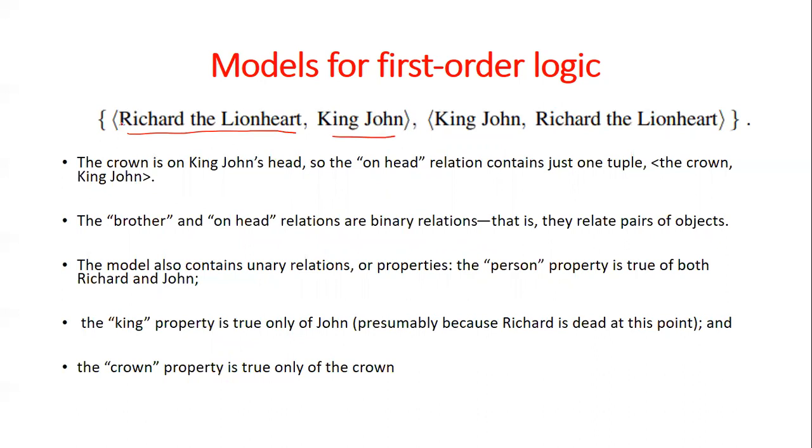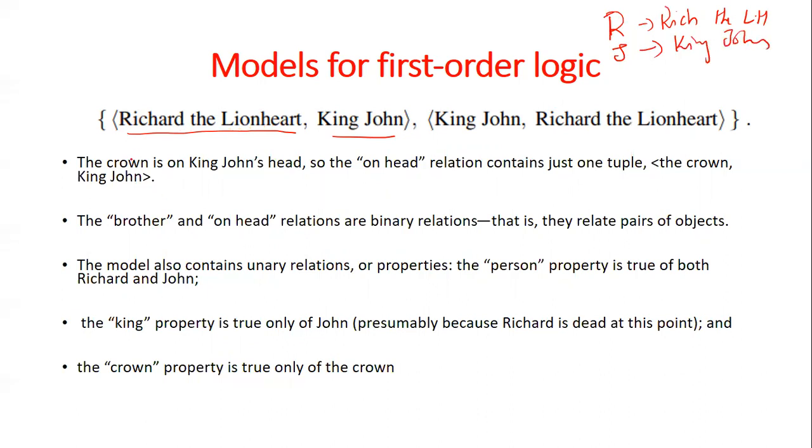So wherever R is there, it should be interpreted as Richard the Lionheart. R is basically a constant, a symbol which represents Richard the Lionheart. I'll write LH. Similarly, wherever J comes, J is a constant which represents King John. Okay.